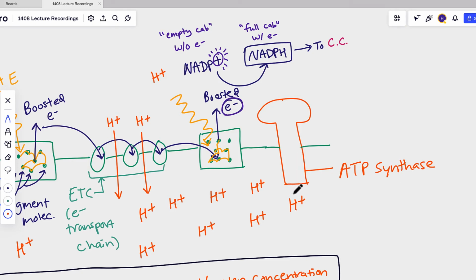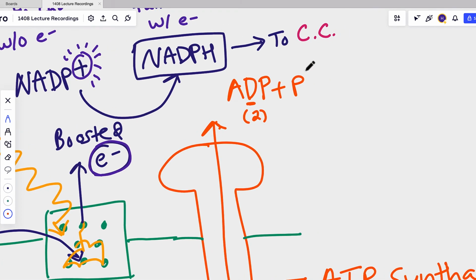So how does it work? You get these hydrogen ions and they flow through the ATP synthase, and that spins around and can basically take the ADP, add another P to it. The D stands for di, which is for 2. So it has 2 phosphates to begin with, 2 Ps. You add another P to it, and then it has 3 Ps, so that's ATP.